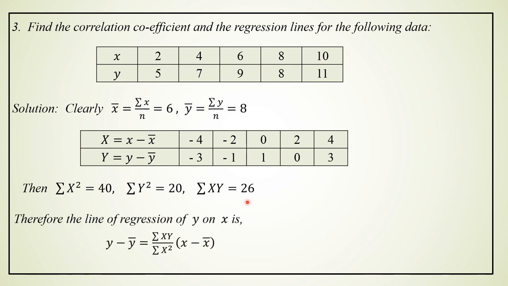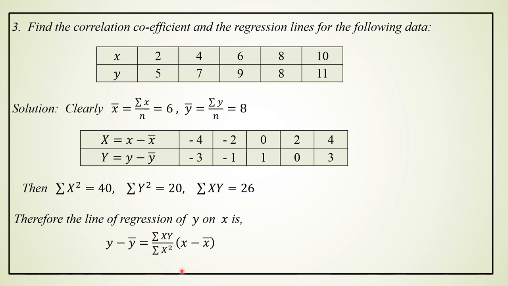Then the line of regression of y on x is given by y minus y bar is equal to summation of x into y divided by summation of x square into x minus x bar.